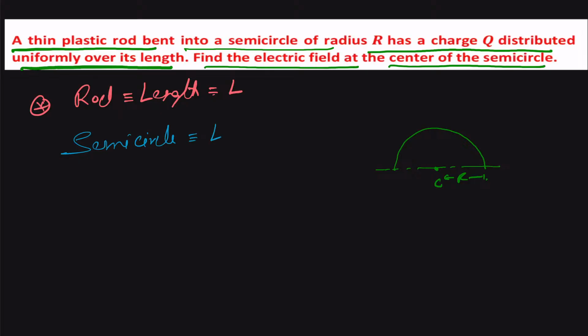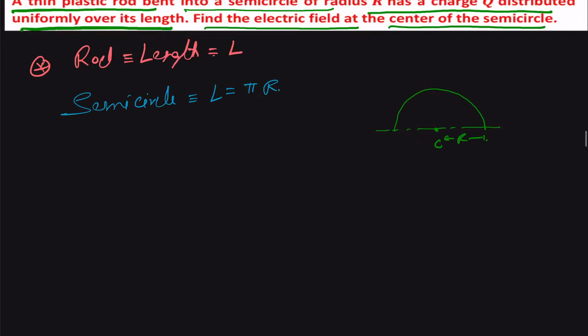Therefore L is equal to pi times r, and the total charge on this entire semicircle is capital Q.